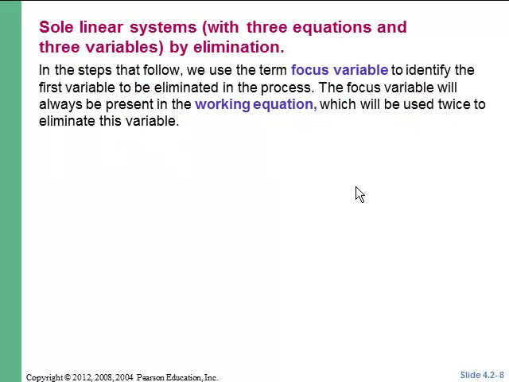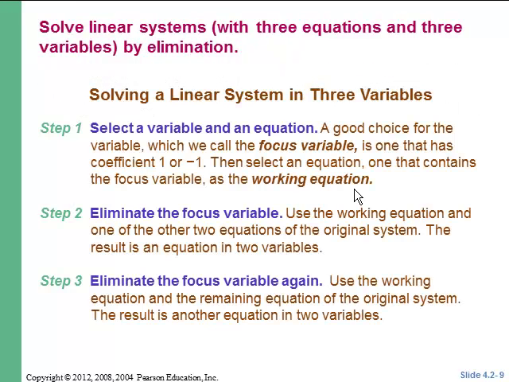In the steps that follow, we use the focus variable to identify the first variable to be eliminated. The focus variable will always be present in the working equation, which will be used twice to eliminate this variable. Okay, so the focus variable, we want to have either 1 or -1 as a coefficient.